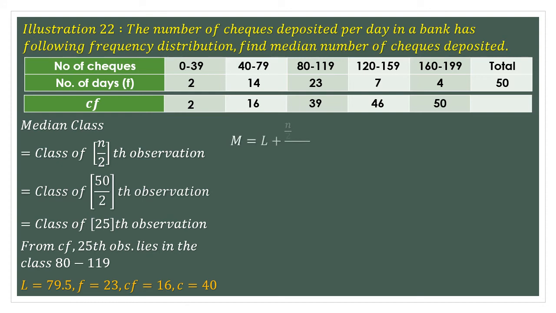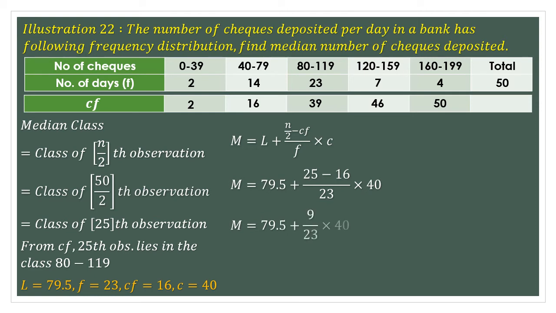We will put all these values into our equation of median, that is L plus (n upon 2 minus CF) upon F into C. L is 79.5, n upon 2 is already 25, which we have calculated. CF is 16, divided by F which is 23, and into 40. We deduct 25 minus 16, that will be 9 upon 23 into 40.